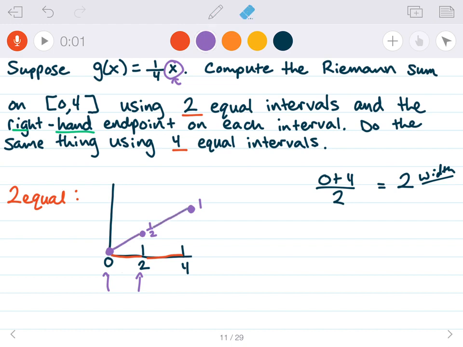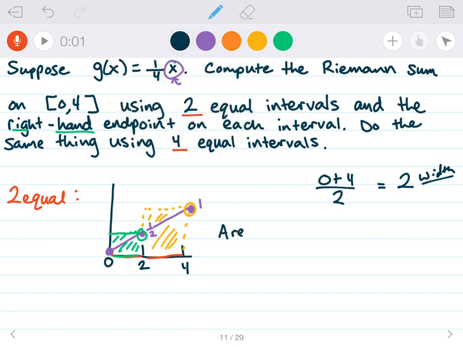So let's go ahead and use our rectangles at this point using the right-hand endpoints. From the first interval, 0 to 2, my right-hand endpoint is here, so that's the height I'm using. On the other one, my right-hand endpoint is there, so that's the height I'm using. Let's take the areas.